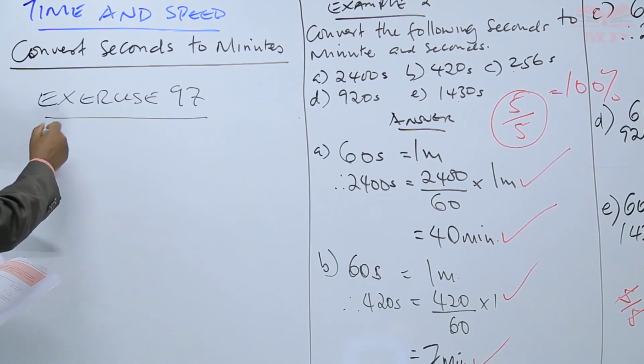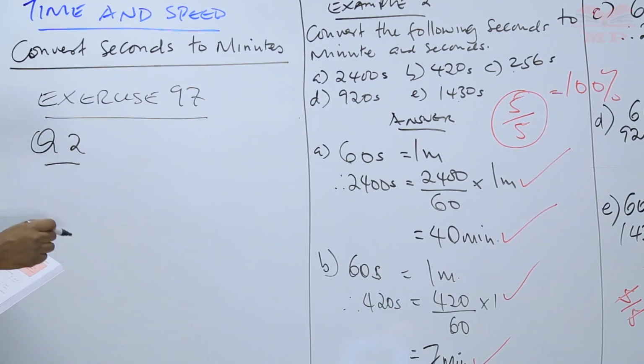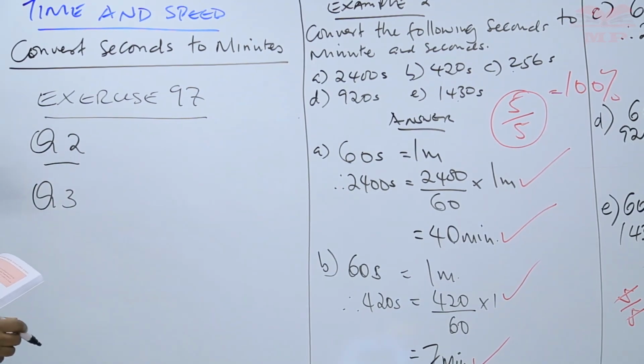Go and do question 2. Question 2 has A, B, C, D, E, and F. Convert the following into minutes and seconds. I also want you to go and do question 3. Convert the following into minutes and seconds.